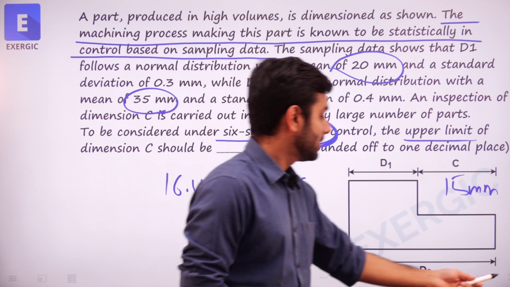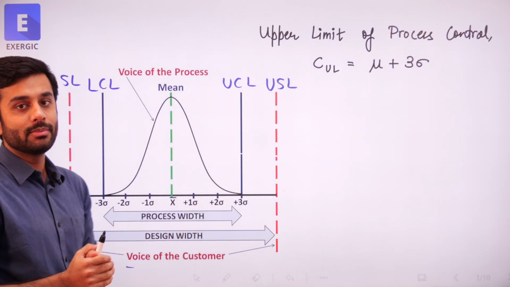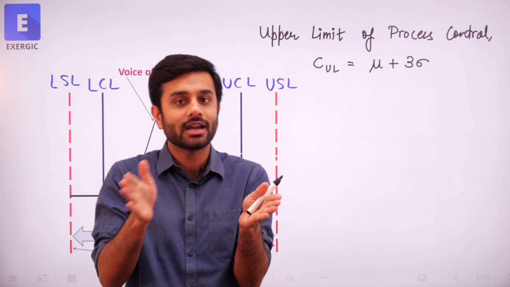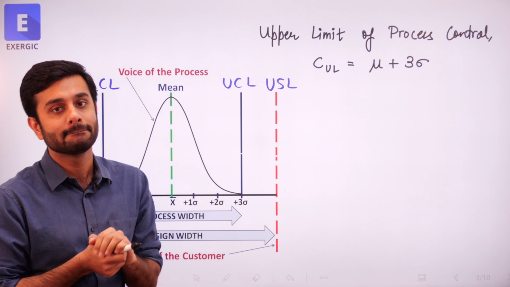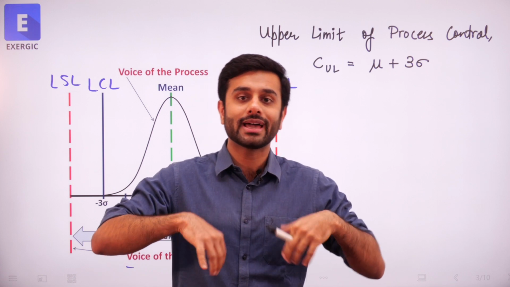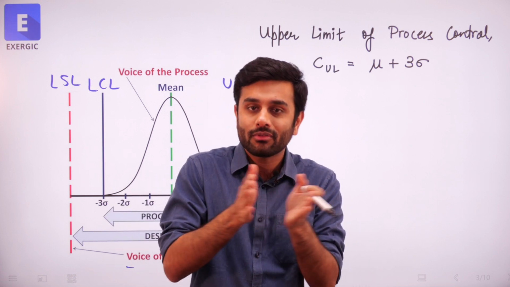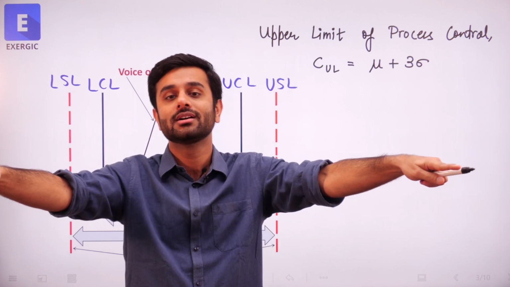That is why, even though it is a 6 sigma process, these details will be of plus 3 sigma and minus 3 sigma. The upper limit is going to be plus 3 sigma only, because it is process control, in which you are talking about the actual process happening and the total deviation in the process, not the user specification.